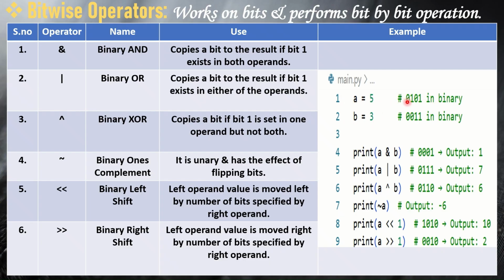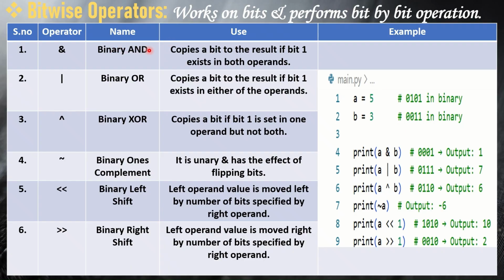In binary format, we can write the value of a as 0, 1, 0, 1. In other words, 2 to the power of 0, 2 to the power of 1, 2 to the power of 2, 2 to the power of 3. To give the value of 5, this is the binary representation. Similarly, the value of 3 can be represented in binary like this.